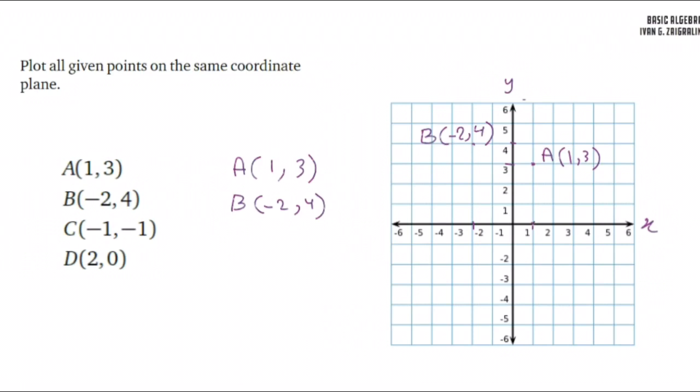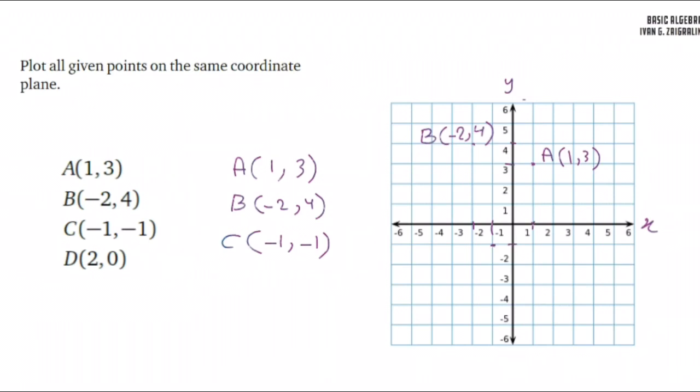And for point C, x coordinate -1 and y coordinate -1, and on the x-axis we find the point -1, and on the y-axis we find the point -1.